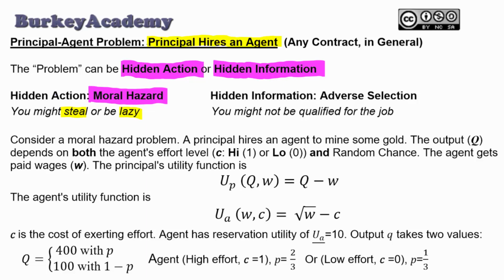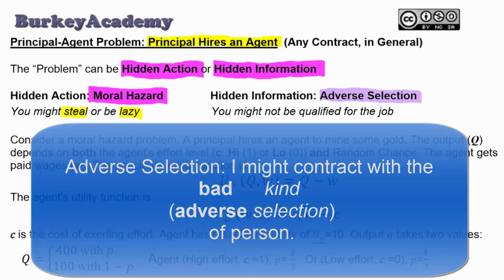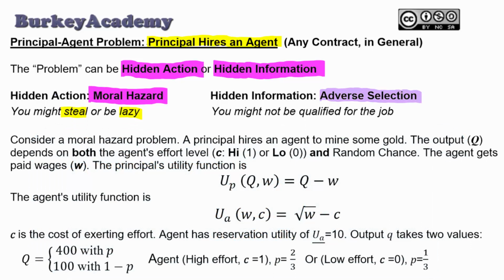The other kind of problem is where there's hidden information, and generally we call that an adverse selection problem. Adverse just means bad. Selection means we're getting the wrong type. One example of adverse selection when hiring somebody is that when I advertise to hire someone to do a job, I might not be able to tell whether this person has the right qualifications.